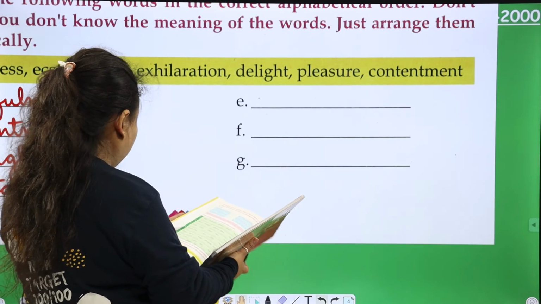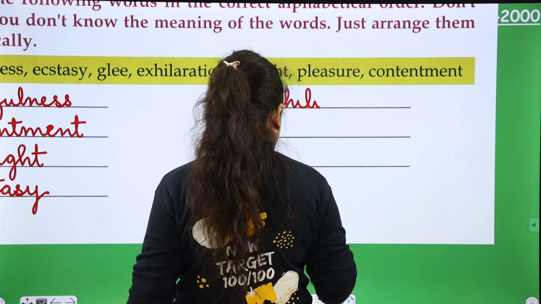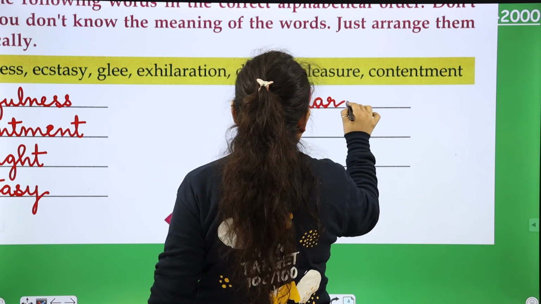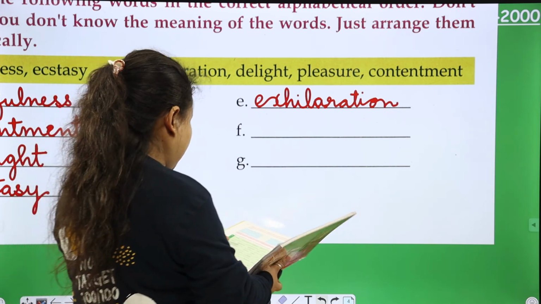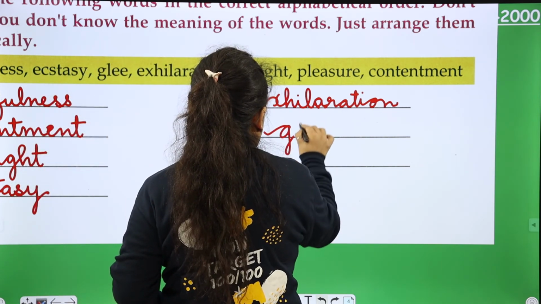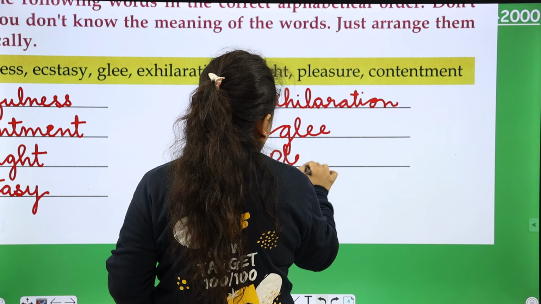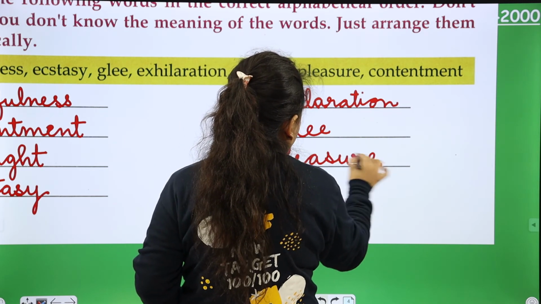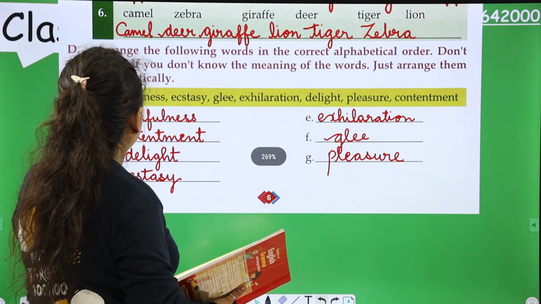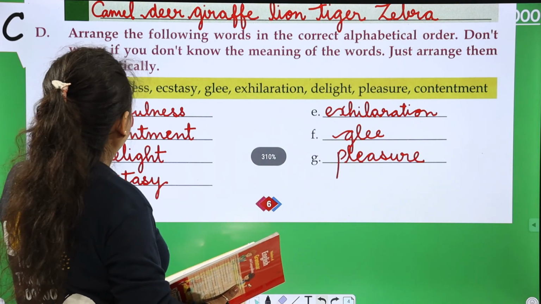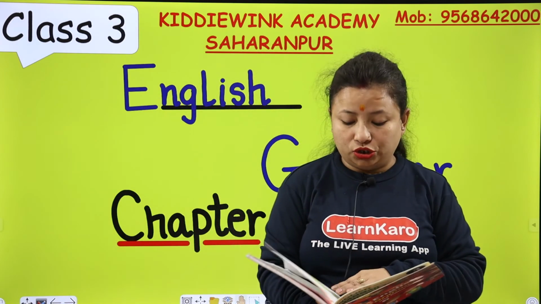E is exhilaration. F is glee. G is pleasure. So now we have arranged these words alphabetically.